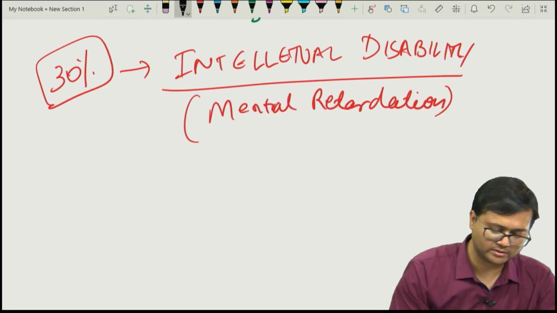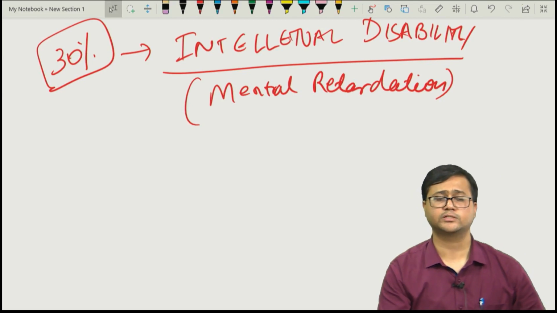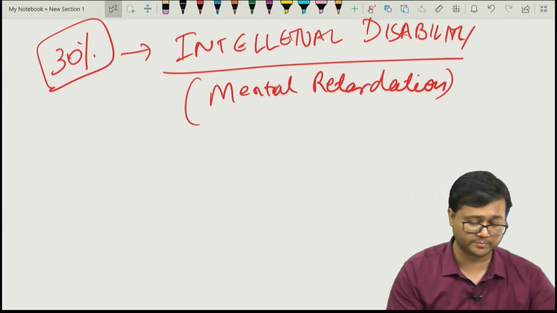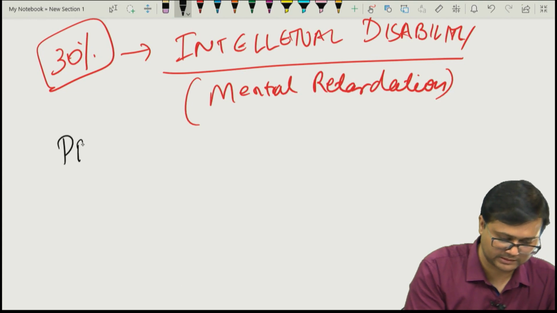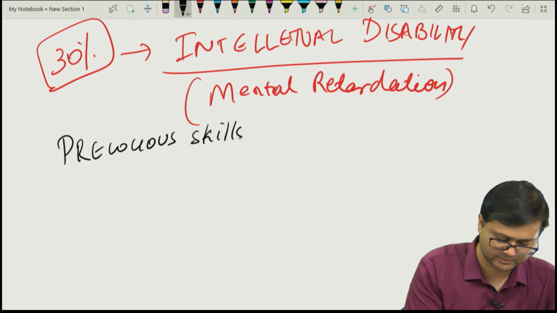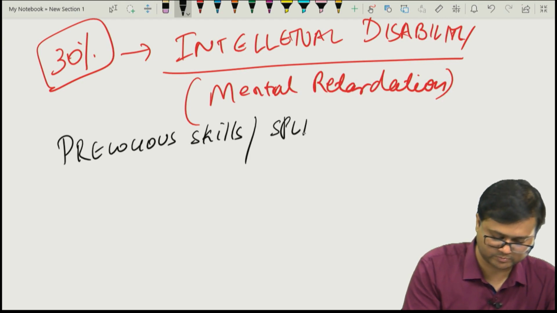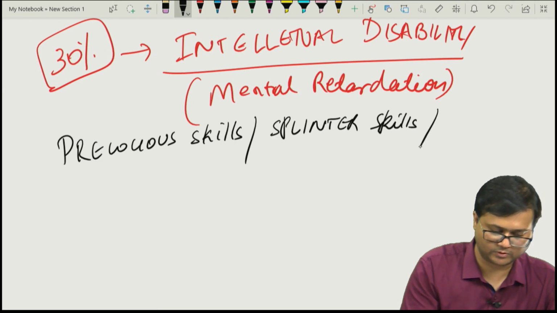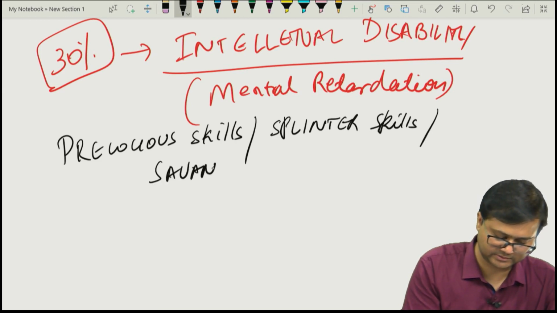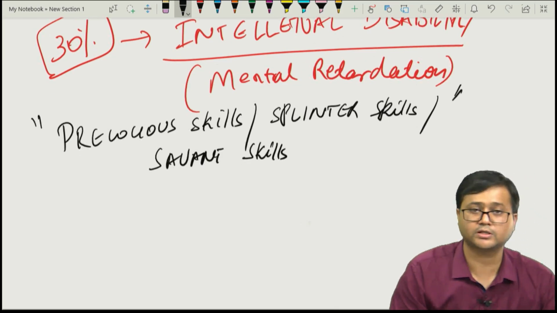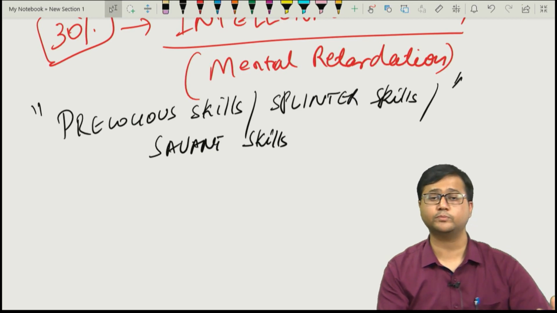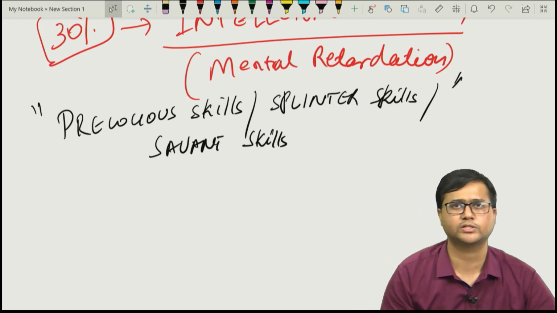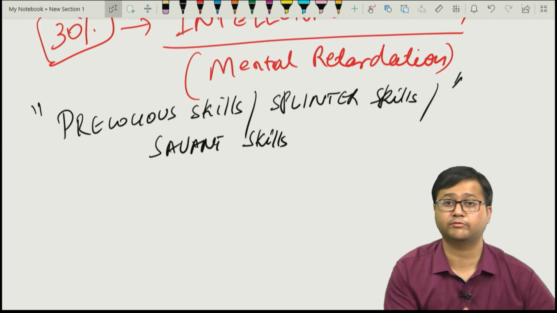Now, other than the deficits, these children with autism sometimes may have what are known as precocious skills, splinter skills, or savant skills. These are skills of great proficiency. They may perform some activities with great proficiency, maybe even better than the average population.